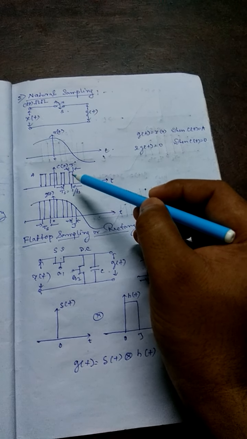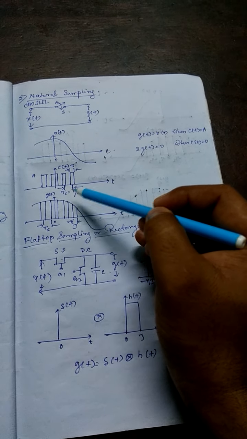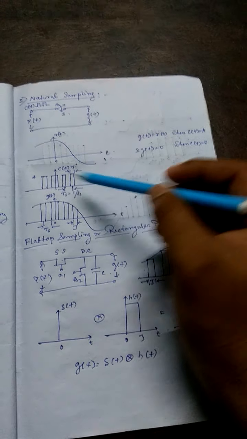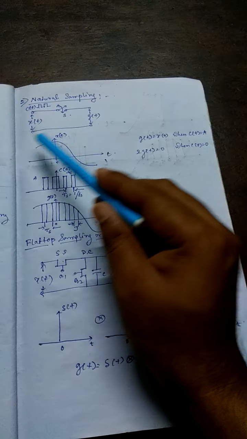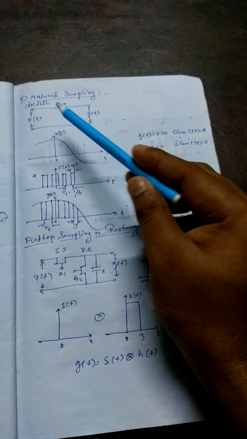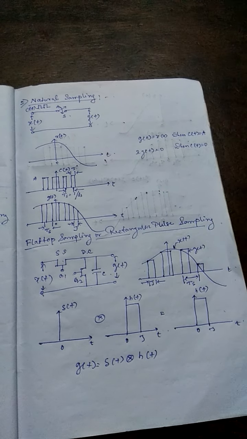It is not 0 like the previous case, and this is the time period Ts. Here the operation is x(t), and by the help of that switch we generate the pulse wave, and the output is g(t).